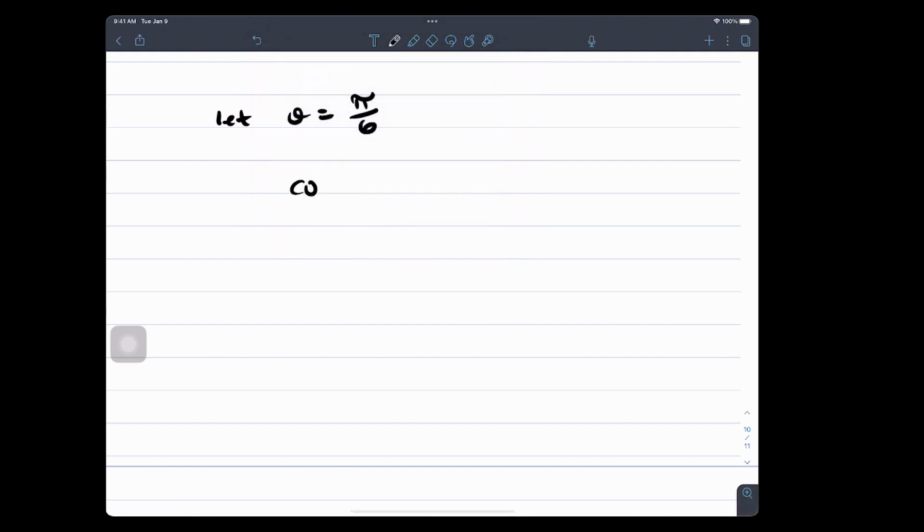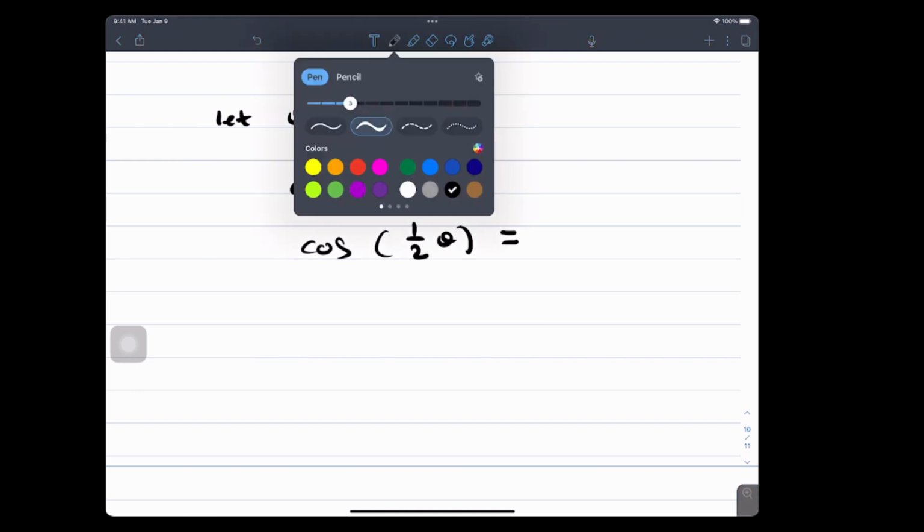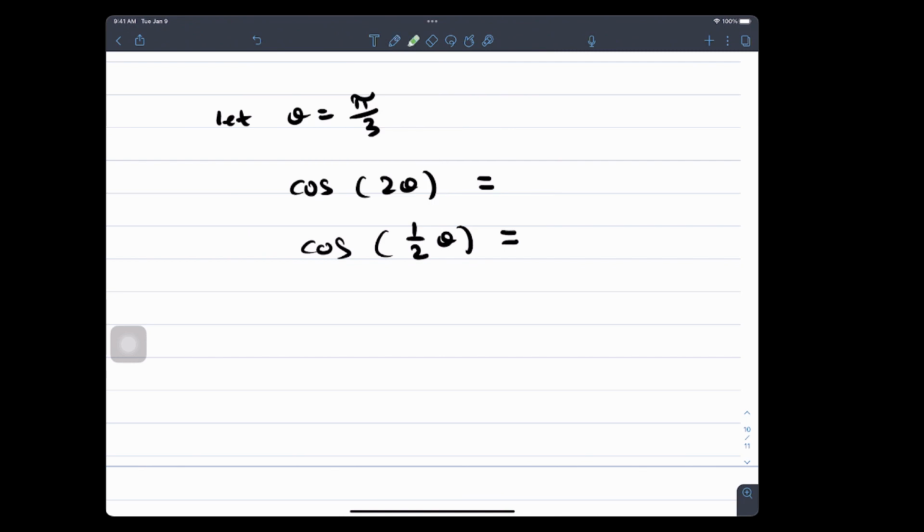They're going to want to know, what is cosine? Actually, it has to be pi over 3 for some of these questions. So what is cosine here of 2 theta and cosine of 1/2 theta? Okay, what are they really saying here for these two? They want you to do what? What is theta? This is pi over 3, right?